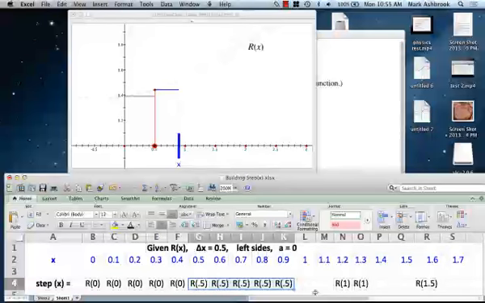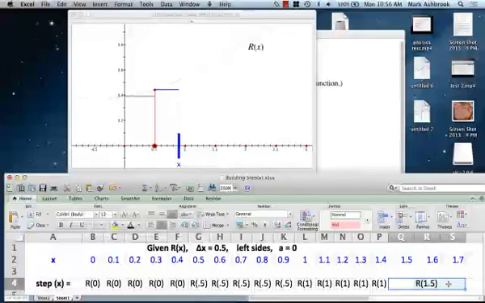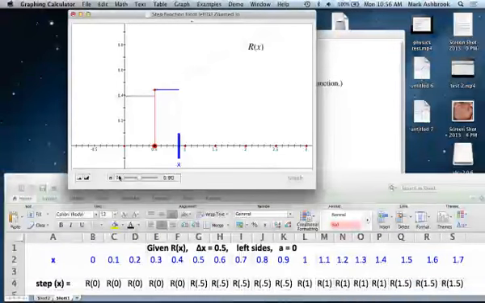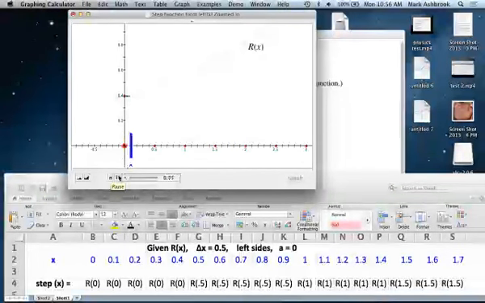And then, starting at 1 up to 1.48, 1.49, everything up to but not including 1.5, R of 1, and then keep going like this. So that's what we're showing by this animation here.